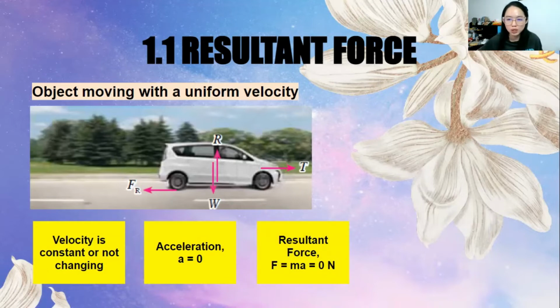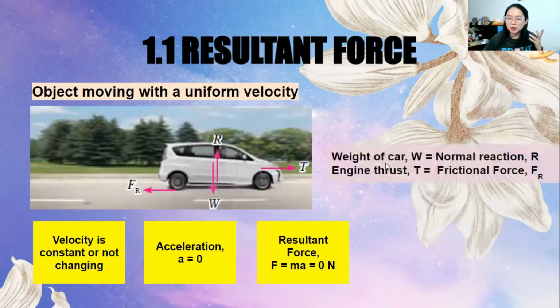How are you going to relate the resultant force and the frictional force? You are going to relate R, W, FR, and T. Remember, the symbol for frictional force I'm using here is F with a capital R. So because the car is moving at a uniform velocity, there is no resultant force.